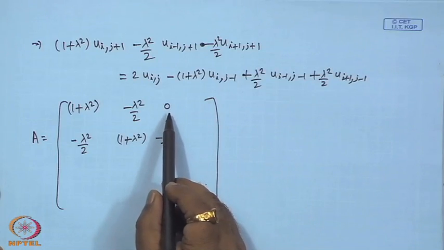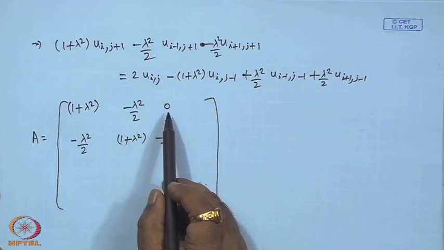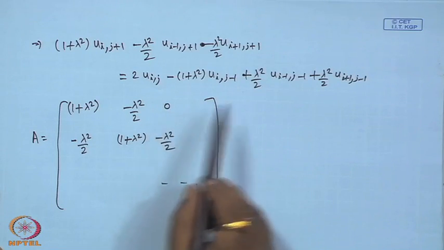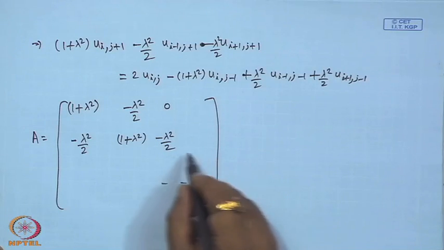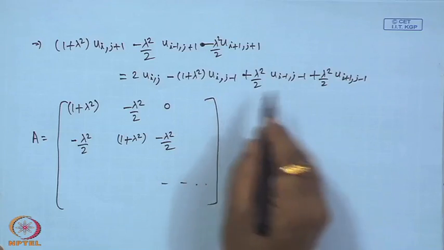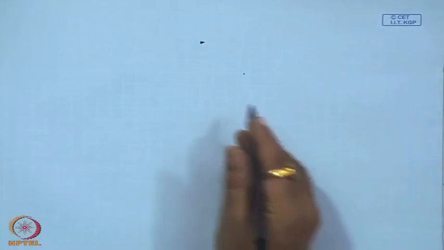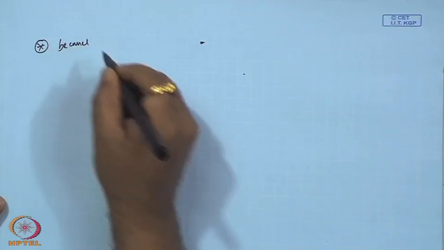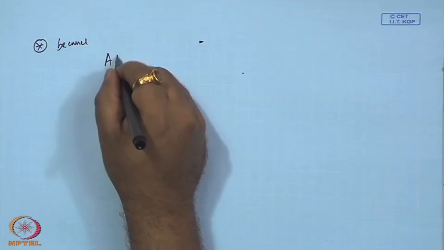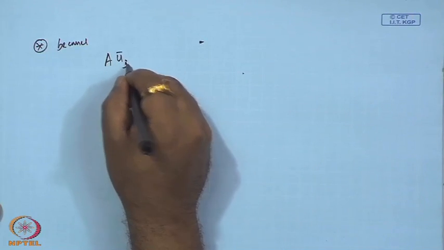So, why is this? Because if j is 0, we have boundary points. Okay. So, with this notation, the equation star becomes A u j plus 1.